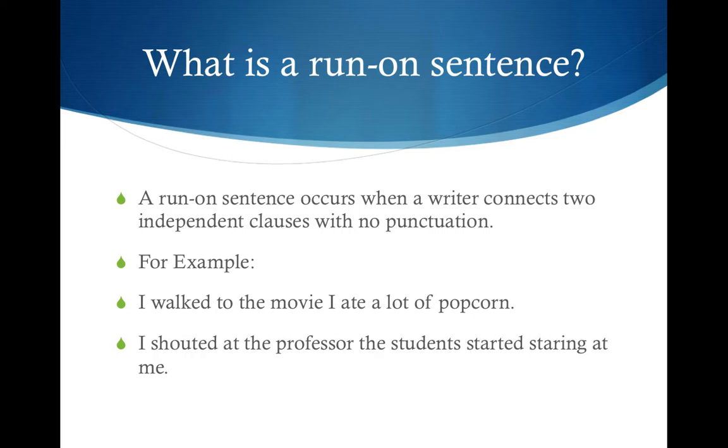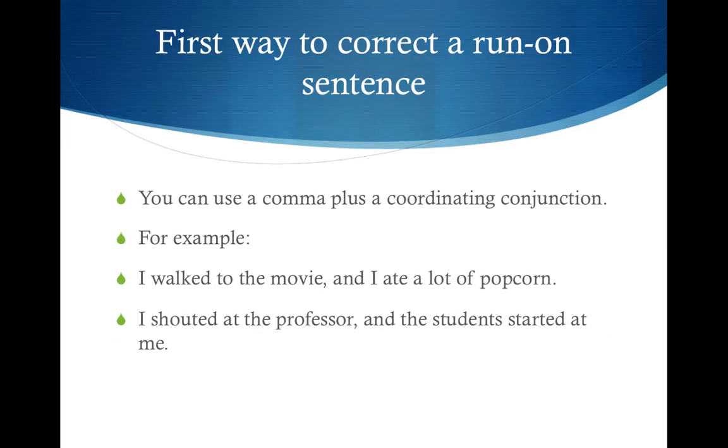So I'm going to give you a couple ways that you can fix this mistake. So the first way you can correct this mistake, you can use a comma plus some form of coordinating conjunction. So either you could use for, and, but, nor, or any of those other normal coordinating conjunctions. So I'll give you a couple examples here, fixing the sentences in the previous slide.